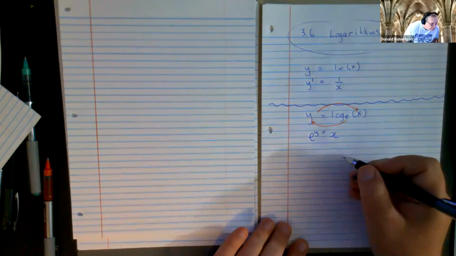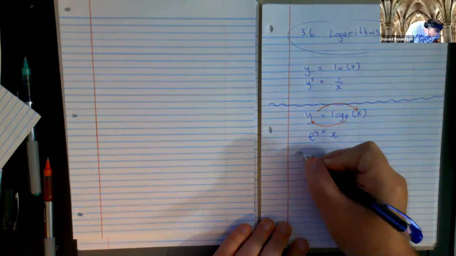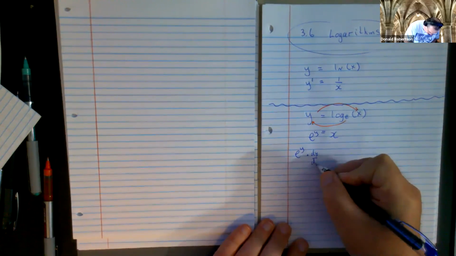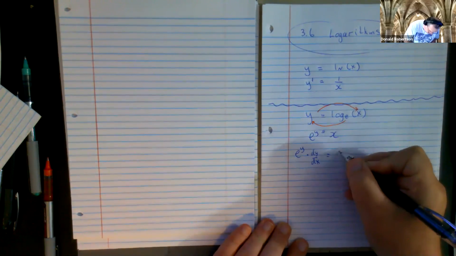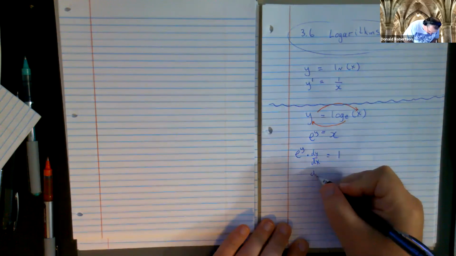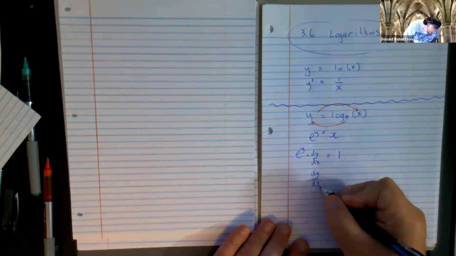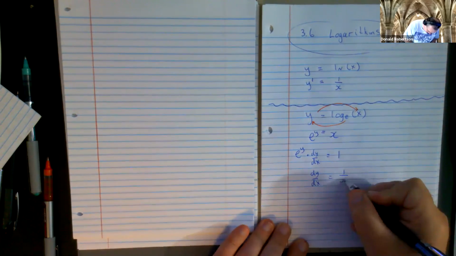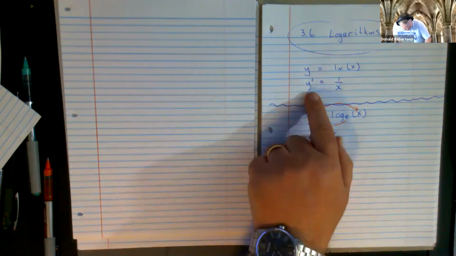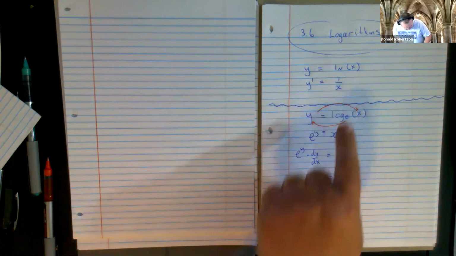I'm now going to differentiate this guy using implicit differentiation. Well, e to the y gets you e to the y times dy by dx, and the derivative of x is 1. And now I'll divide both sides by e to the y, and I'll get that. And you might say, but you told me the derivative was 1 over x, and it's not 1 over x, it's 1 over e to the y.